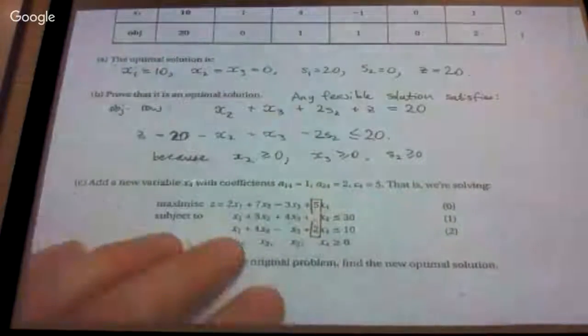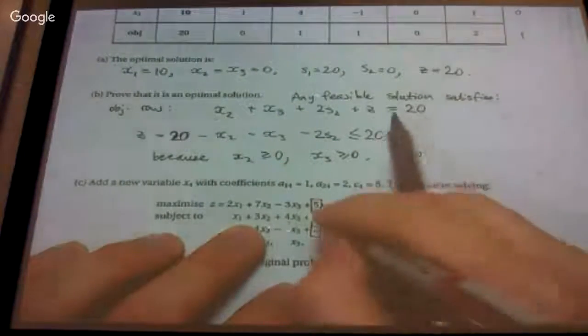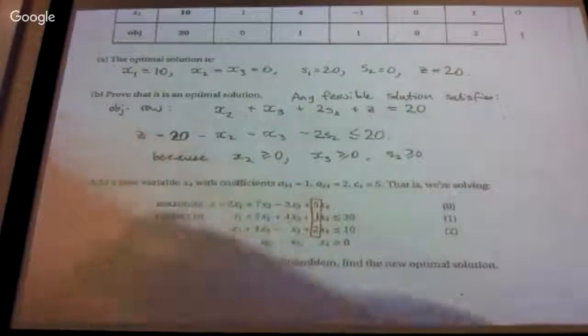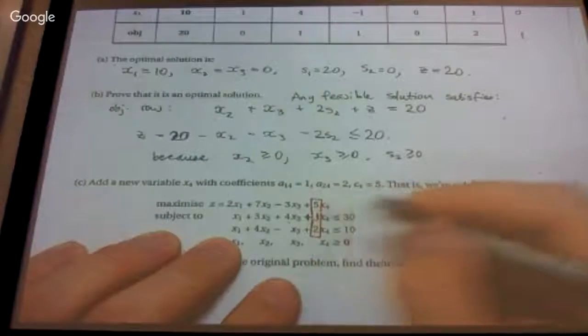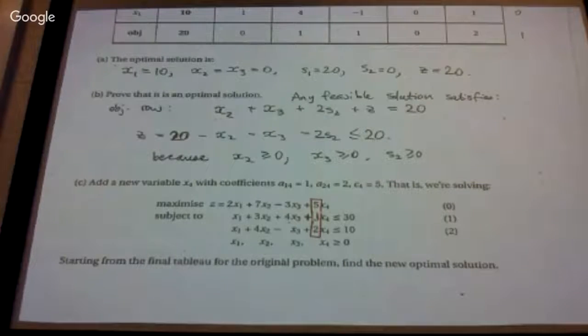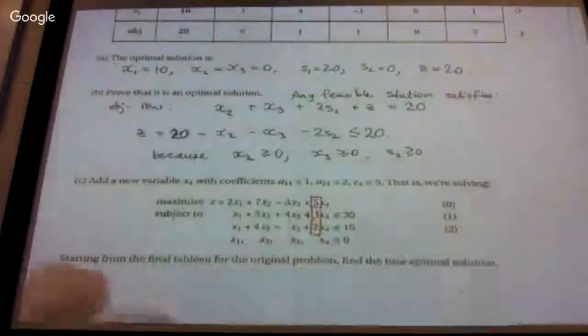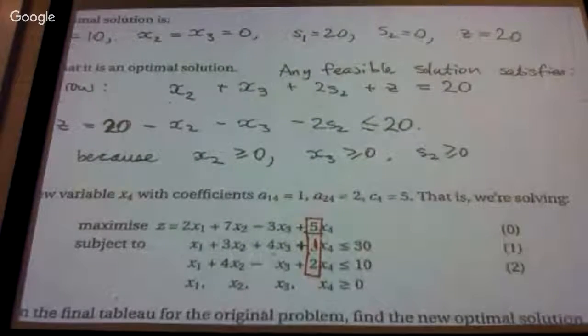It's got to be a 1. So this is a 1. So you have 5 in the objective as the coefficient. Is that large enough to see for everybody? Yeah. So we have 5, and then we have 1 and 2.